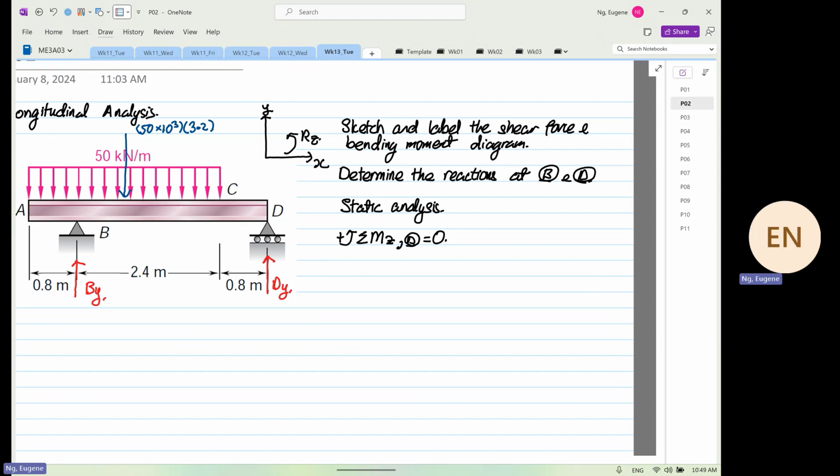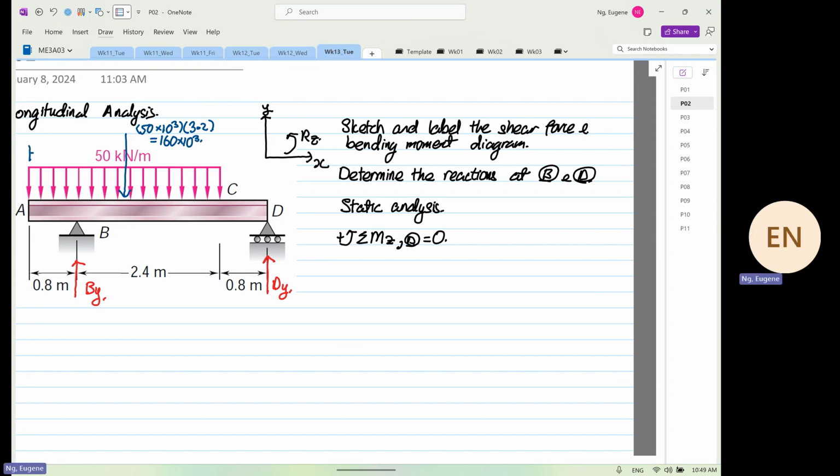So our evenly distributed load is equal to 160. So our equivalent load is 160 times 10 to the power 3.